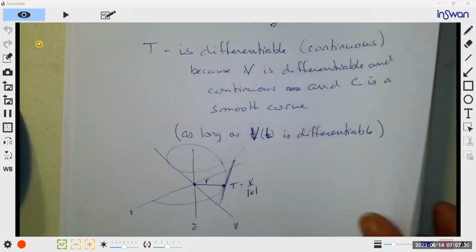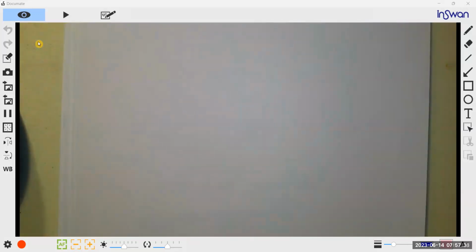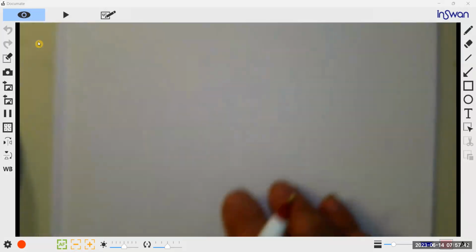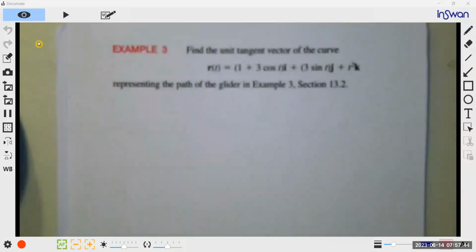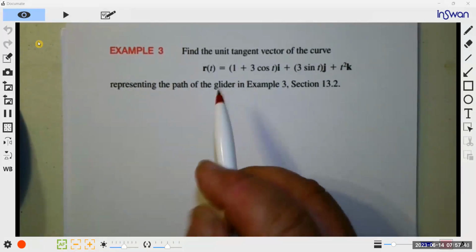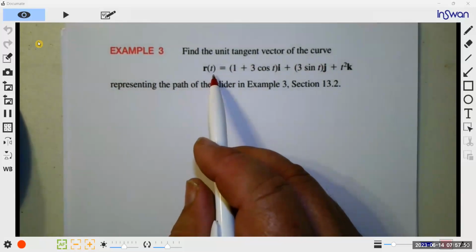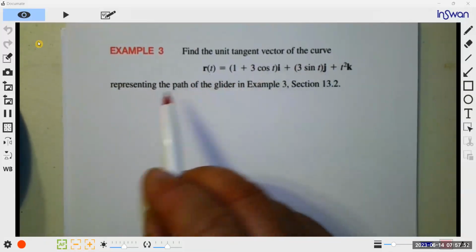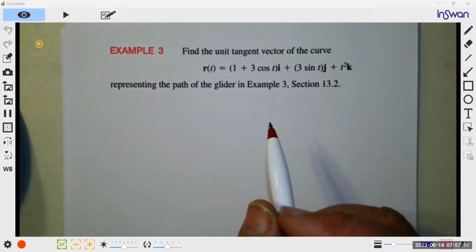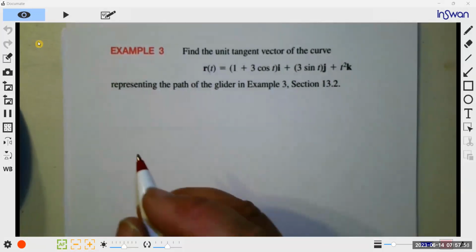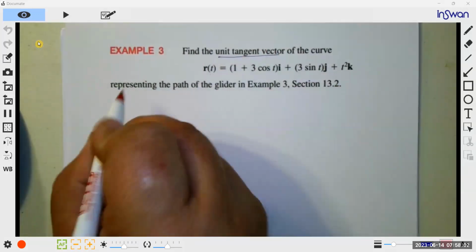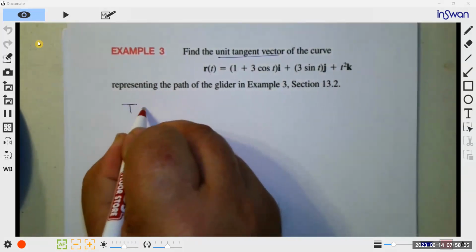Now let's look at an example. Find the unit tangent vector of the curve R of t, representing the path of the glider we had earlier. So we're looking for the unit tangent vector.